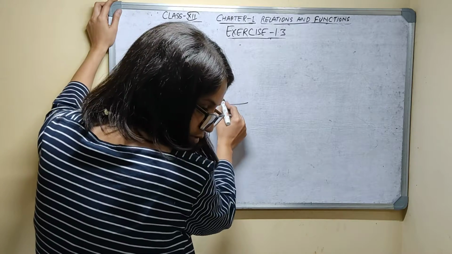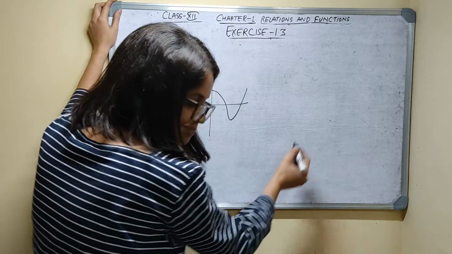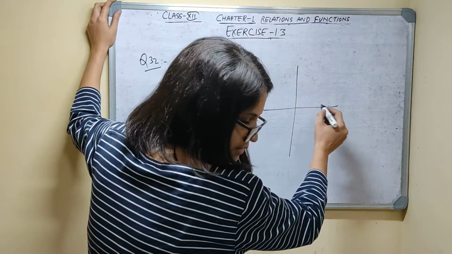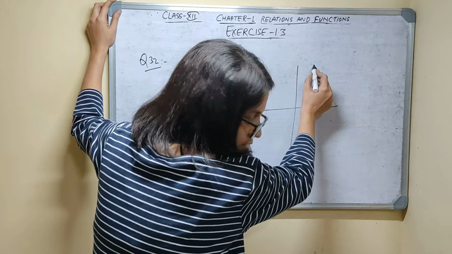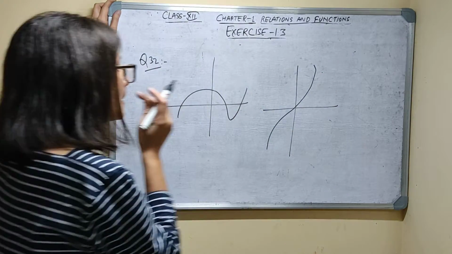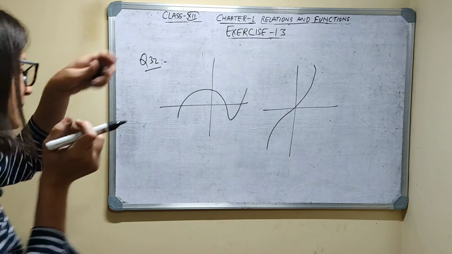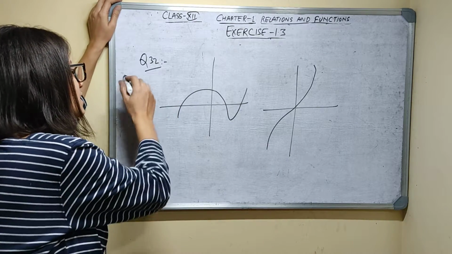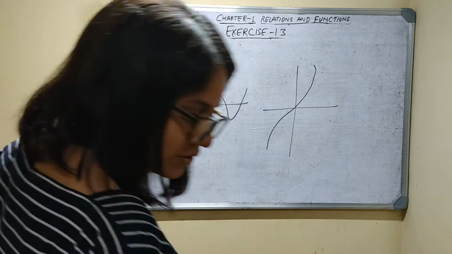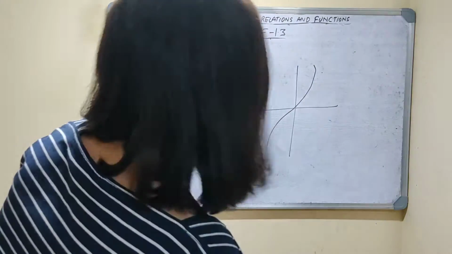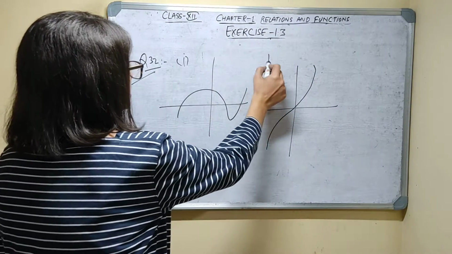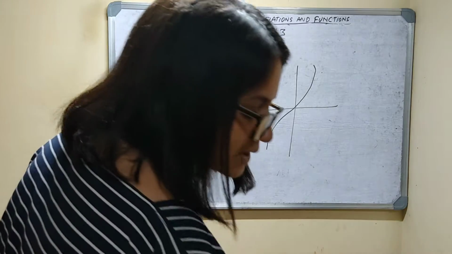It is like this, and this function is like this. You have to check whether it's a 1-1 function or not. First part, second part. How will you check?